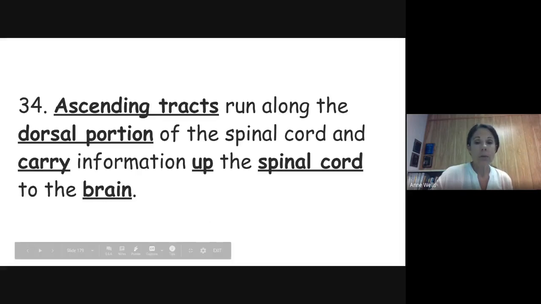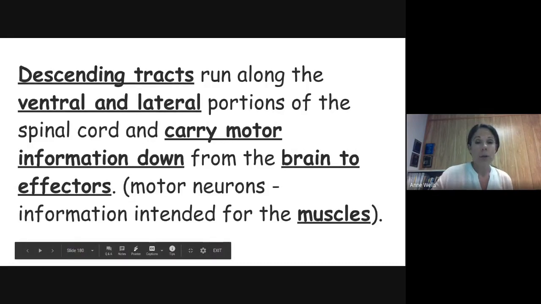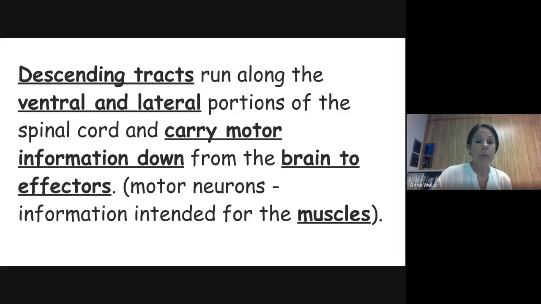34, ascending tracts run along the dorsal portion of the spinal cord and carry information up the spinal cord to the brain. So ascending means going up. Descending tracts run along the ventral and lateral portions of the spinal cord and carry motor information down from the brain to effectors. Remember, motor neurons.